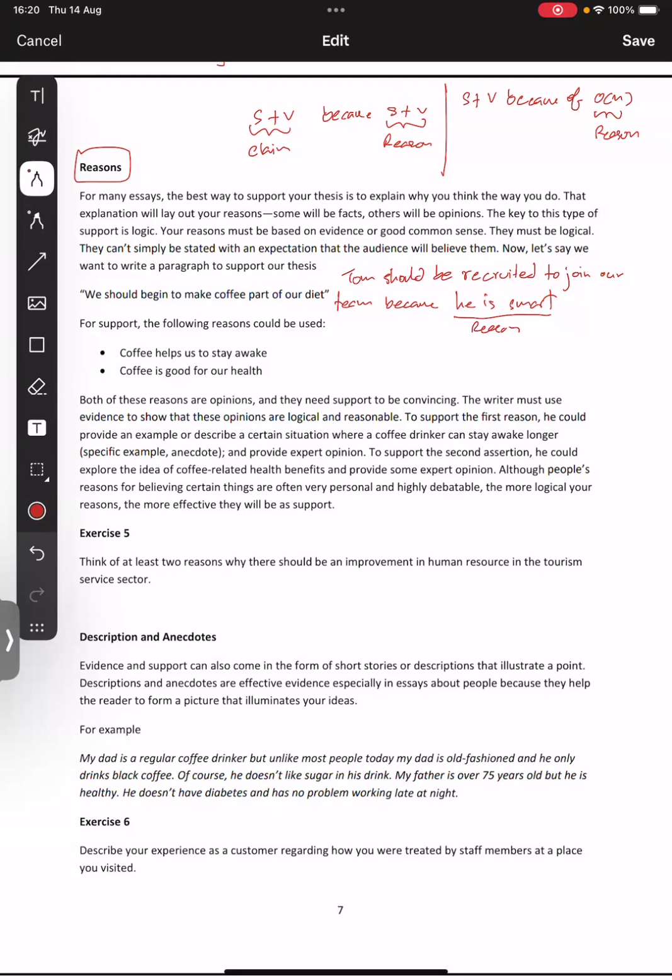But if we use different reasons, say Tom should join our team because he meets the qualification requirement, right, as an engineer.